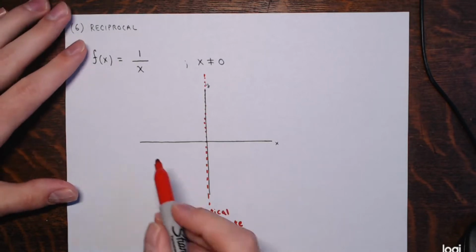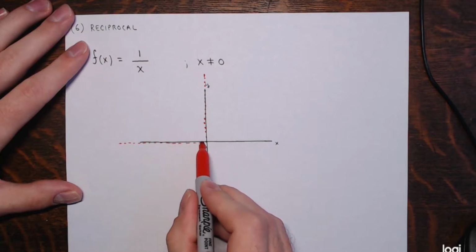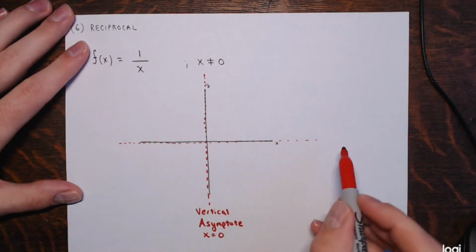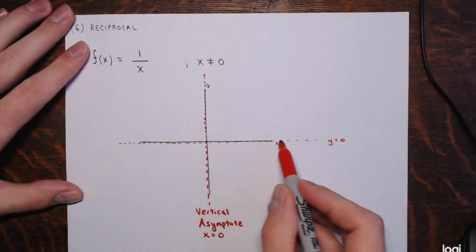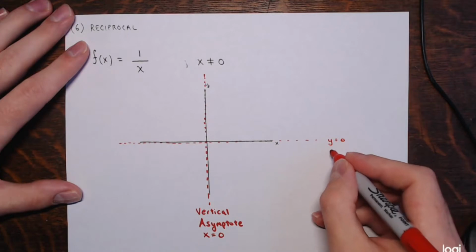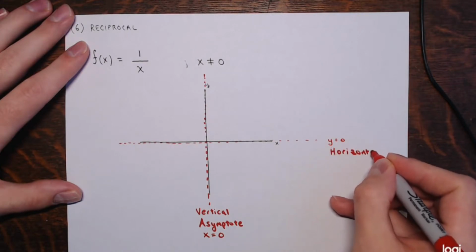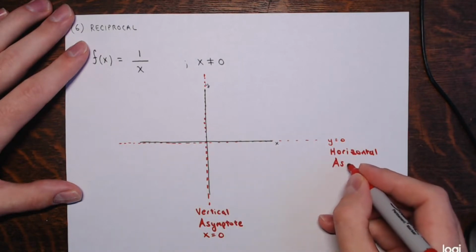And we're also going to see that the output will never be 0 either. Here's y equals 0, right? The x-axis, and this is going to be what they would call a horizontal asymptote, right? It's a horizontal line that this graph will approach as well.